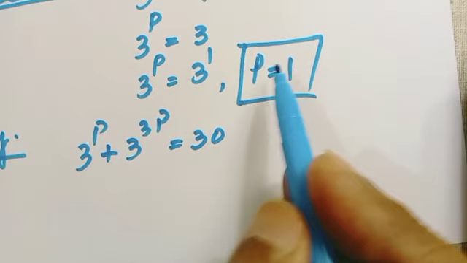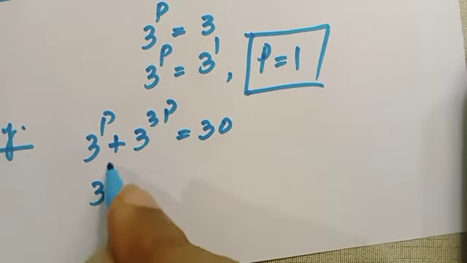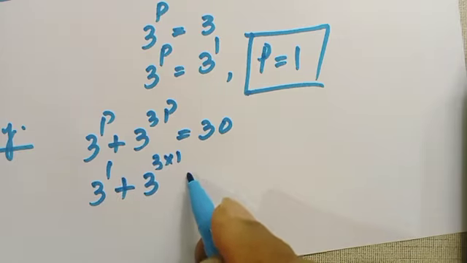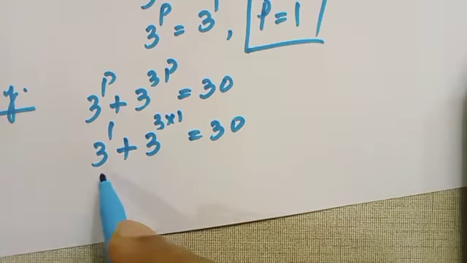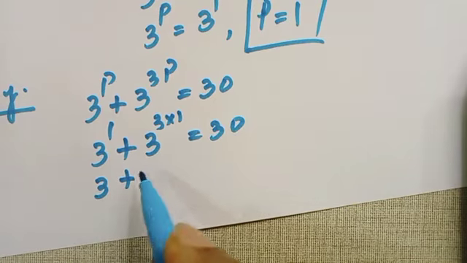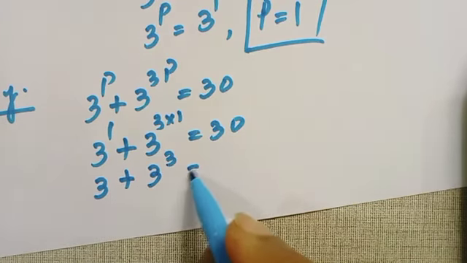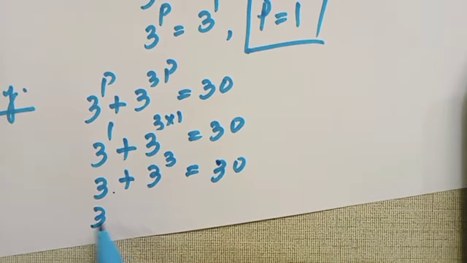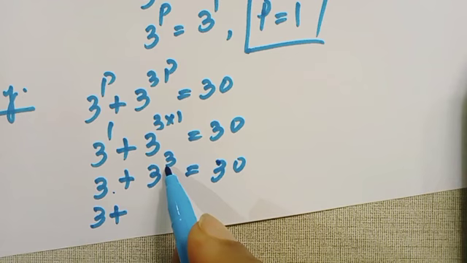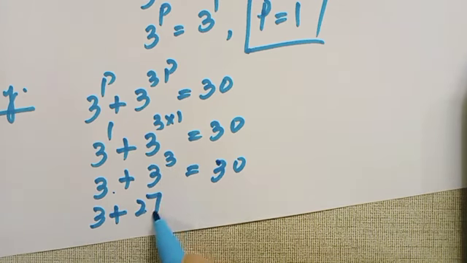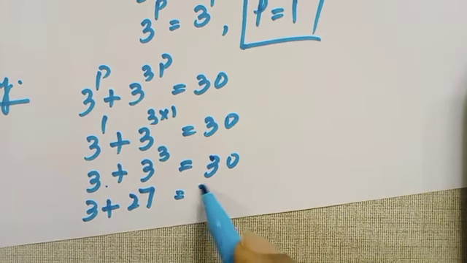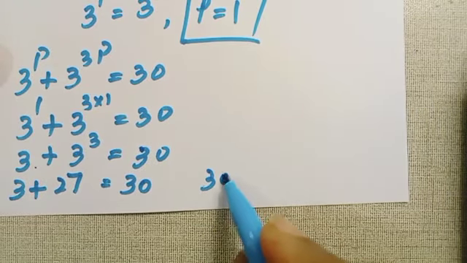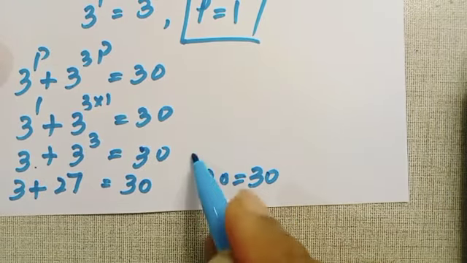Put the value of p in this equation: 3^1 + 3^(3·1) = 30, so 3 + 3^3 = 30. 3^3: 3 threes are 9, 9 threes are 27, so 3 + 27 = 30. Then 30 is equal to 30.